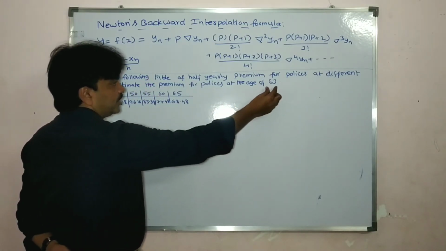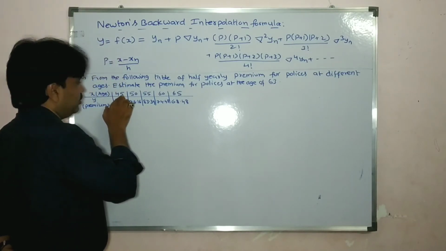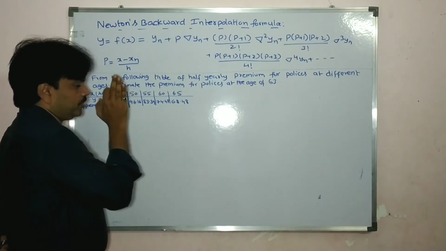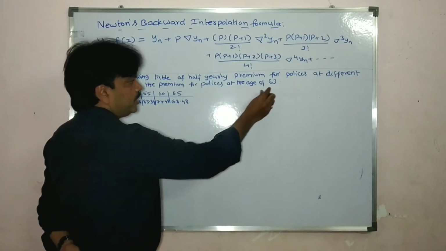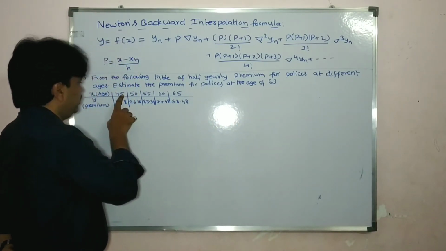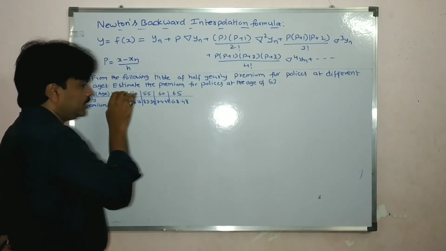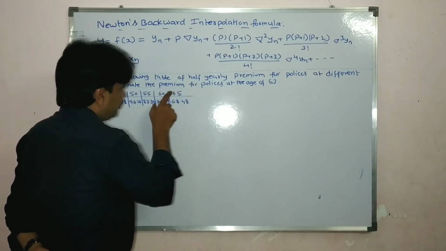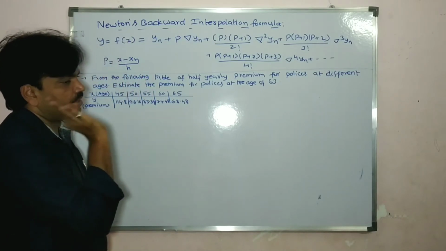When we are finding the value above the values, nearer to the top values, then we apply Newton's forward. When we are finding values at lower cases, we apply Newton's backward.